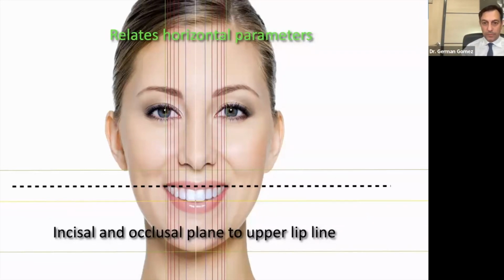Most of the people don't. If we take this bipupillar line as the horizontal line and make our design according to that line, we might not have the real horizontal line. So where is the horizontal line? Here, in the lip line. The upper lip is the horizontal line.